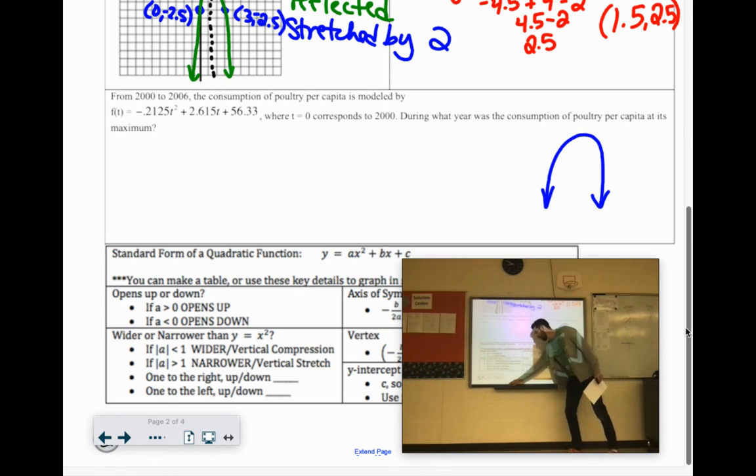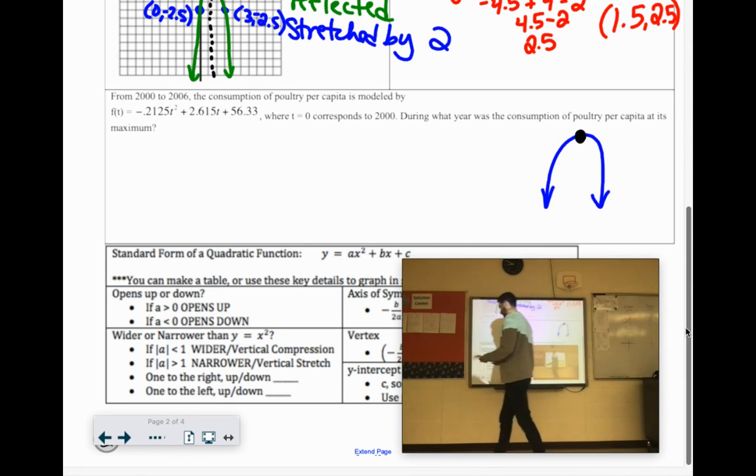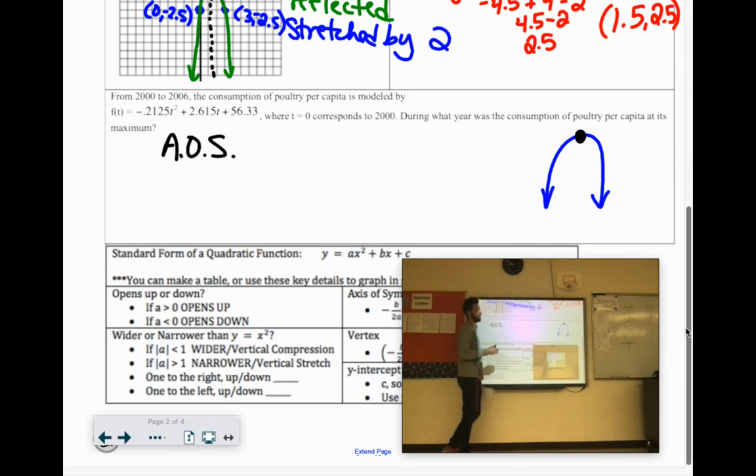So we're looking for the absolute maximum, right? The way we can figure that out is we do our vertex formula to find our axis of symmetry, our AOS, because that'll give us the x-coordinate of the vertex.